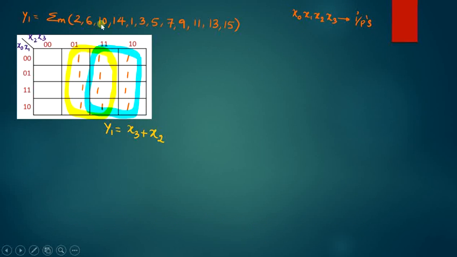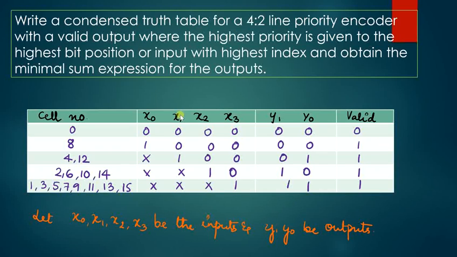All these elements I am mapping as minterms onto the Karnaugh map. Since there are 4 inputs, a 4 variable Karnaugh map is required, and I am grouping the minterms and finding the simplified expression, and I obtain the expression as x3 plus x2.